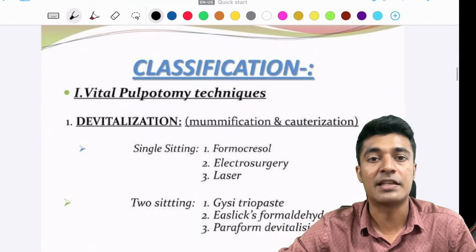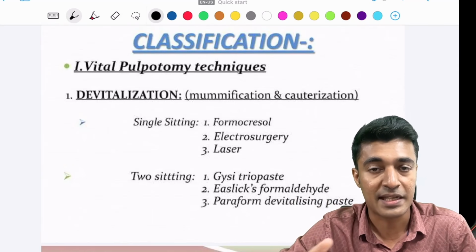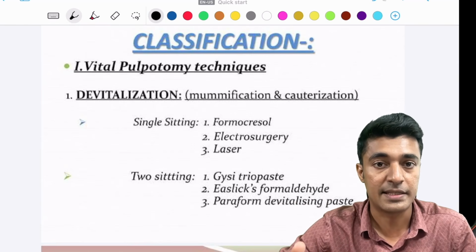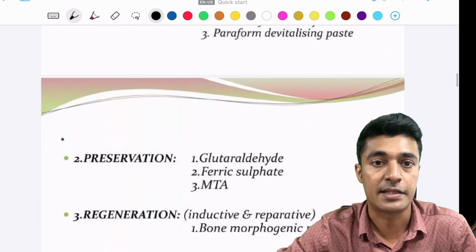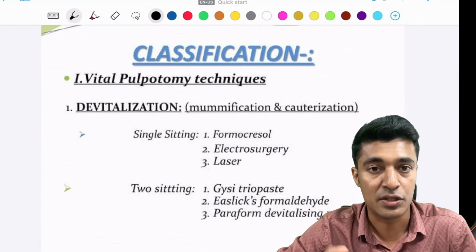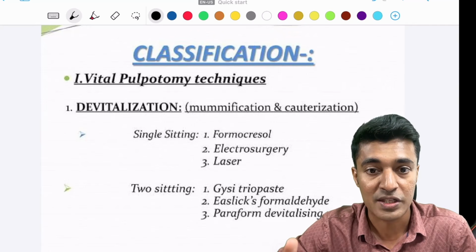So coming to the classification of pulpotomy, it is classified into vital pulpotomy techniques and non-vital pulpotomy techniques. Under vital pulpotomy techniques, there is devitalization, preservation, and regeneration. Under devitalization come single sitting and two sitting. In single sitting, the materials used are formocresol, electrosurgery, and lasers.